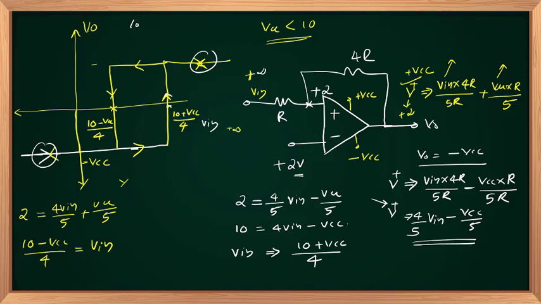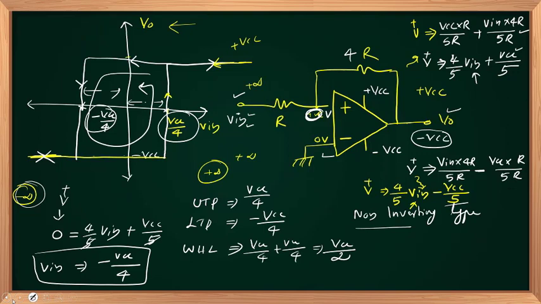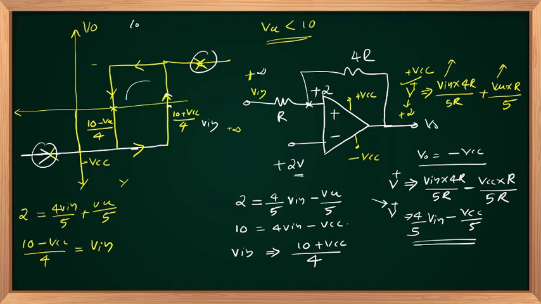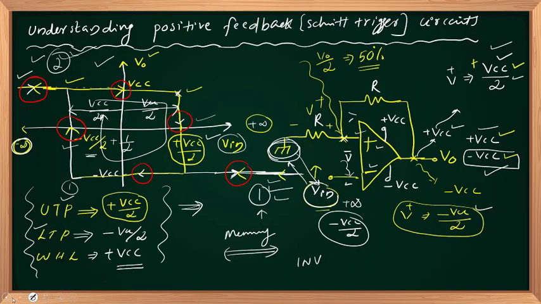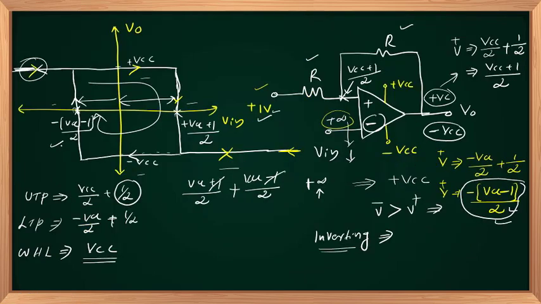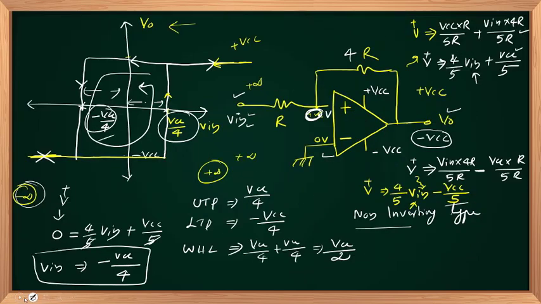So the direction of the hysteresis loop is anti-clockwise here. Same thing I am expecting here, anti-clockwise, because my Schmitt trigger is a non-inverting type Schmitt trigger. And as we discussed in the last three cases, my LTP was negative.